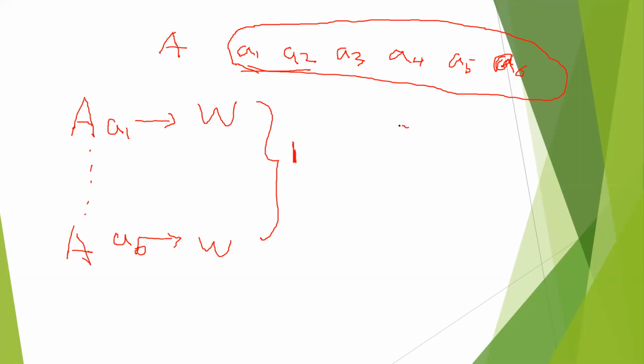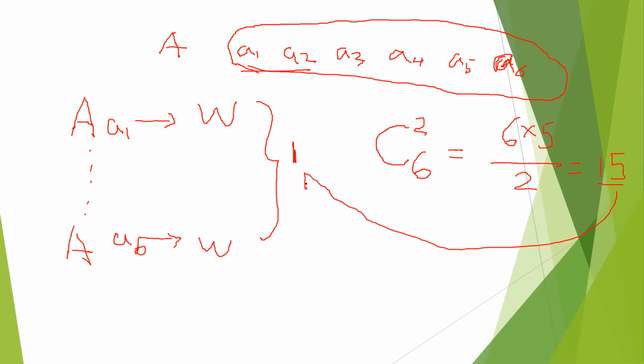How many phenotypes are we going to have? We choose any 2 out of these 6 alleles. If you learned this in mathematics class, the combination, this will give you 15 different phenotypes.